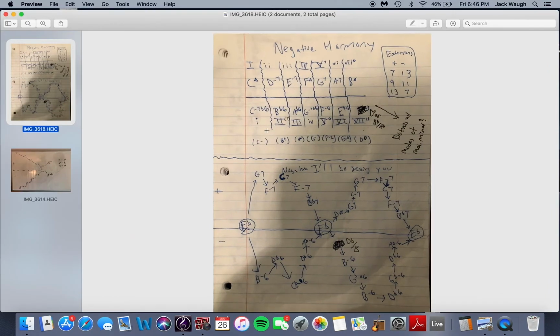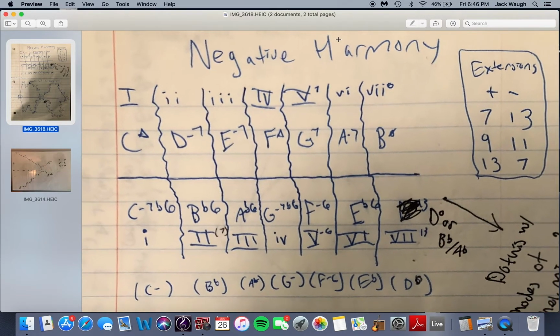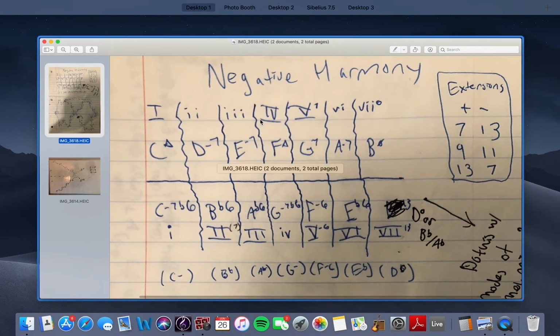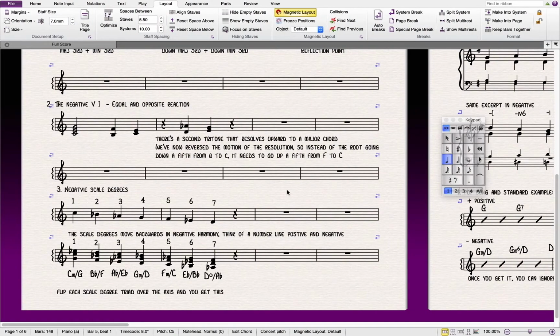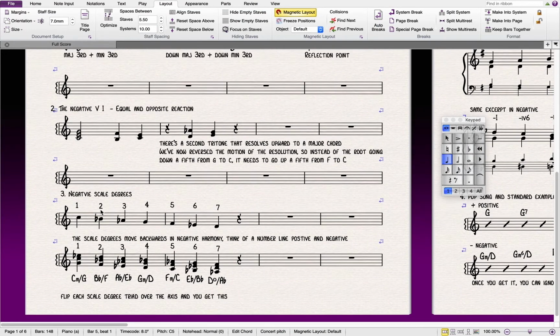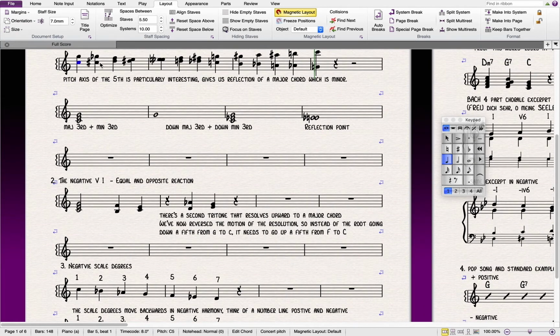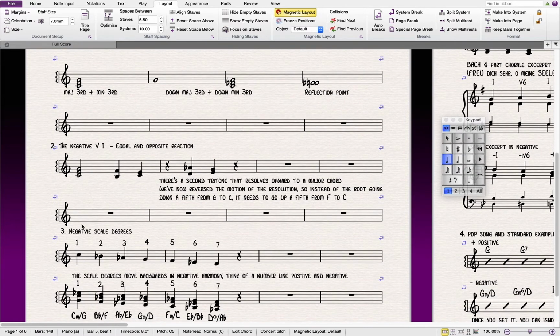I drew out this chart here. You can ignore the bottom part of that for now. Just look at this top part. Actually, I'm going to go back to this file. So see how we have C, B flat, and we're building the exact same scale as the major scale.